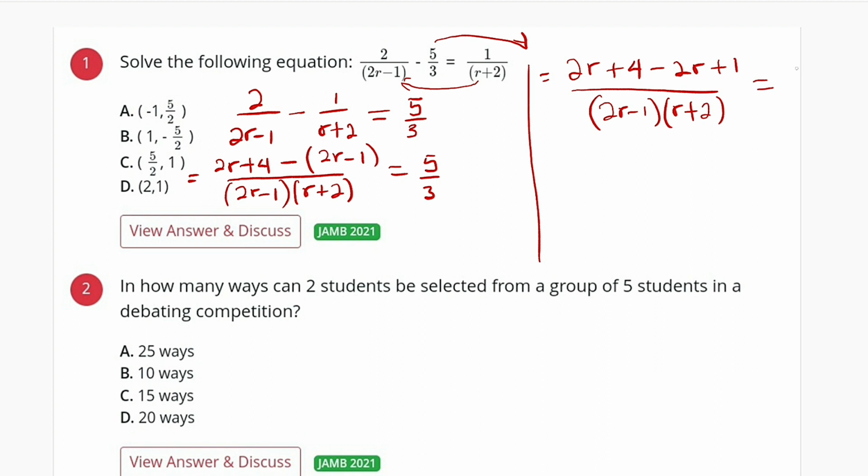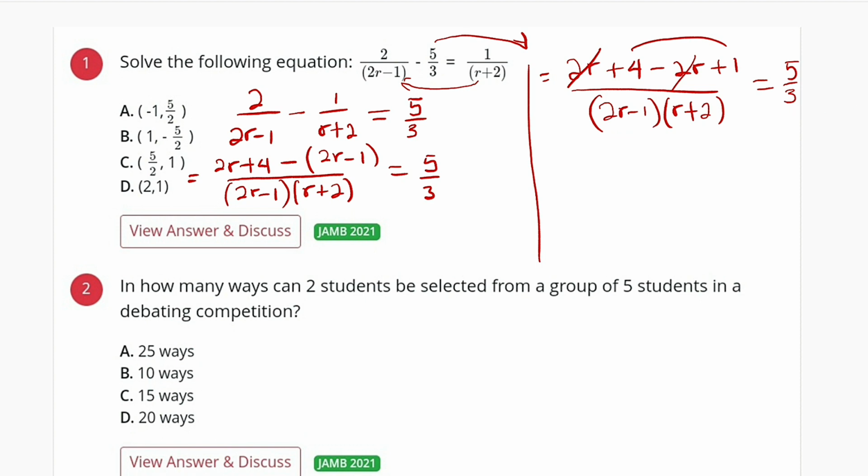And on the right hand side, we have 5 divided by 3. If you observe, the numerator here is just 5, because 2r minus 2r is 0 and 4 plus 1 is 5. So since the two fractions have a common numerator, we can clearly see that the denominators are also the same. Therefore, this must be equal to 3.